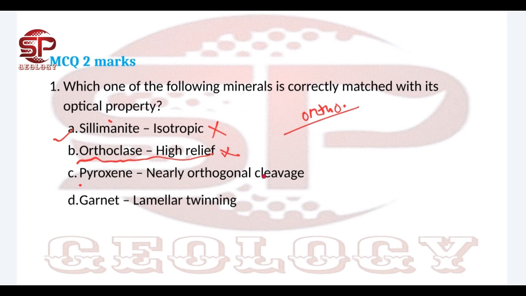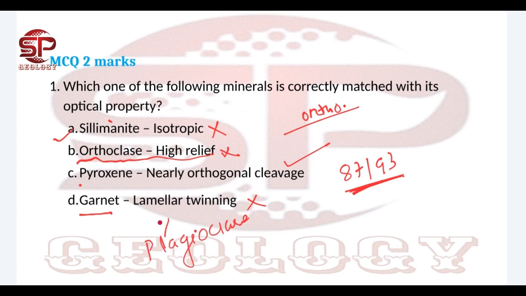Pyroxene has nearly orthogonal cleavage. Pyroxene has a cleavage angle of 87 to 93 degrees, close to 90 degrees. It will be correct. Then garnet shows lamellar twinning. It is incorrect because it is plagioclase that shows lamellar twinning. So the answer will be C.